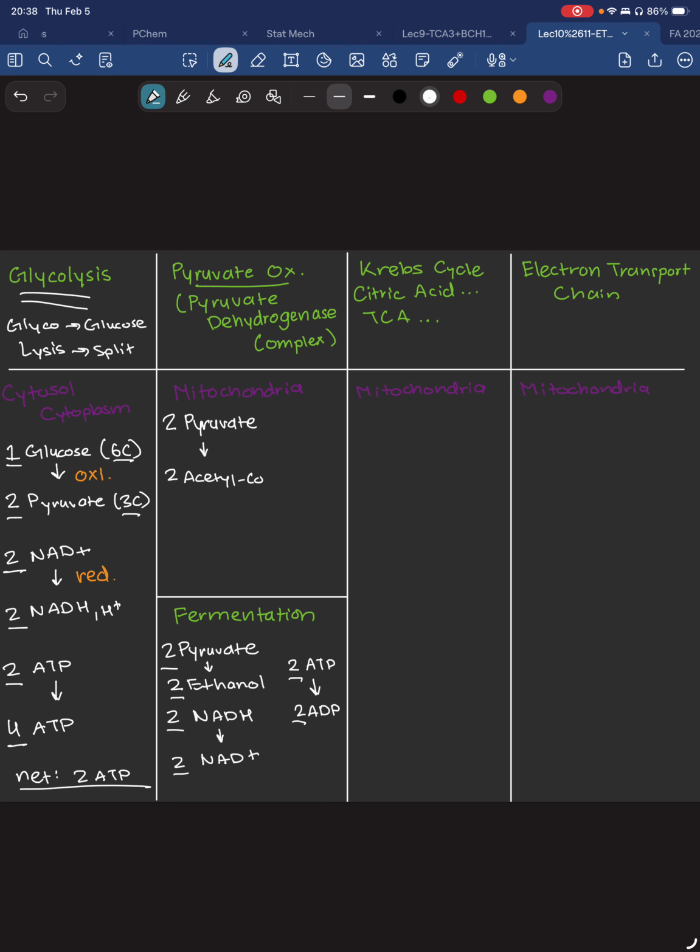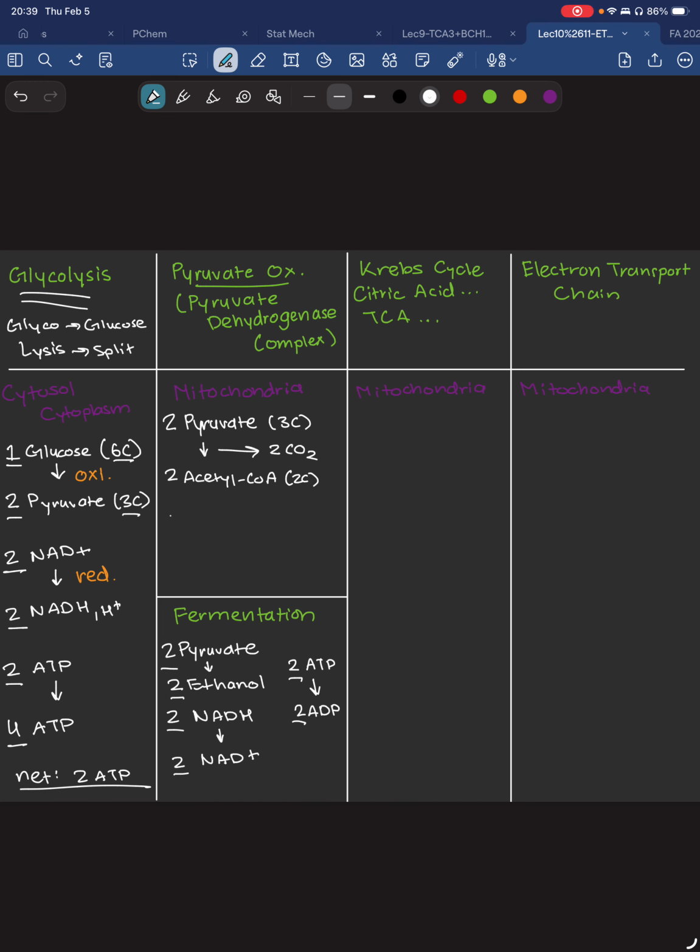Now, acetyl-CoA is a 2-carbon molecule, but pyruvate is a 3-carbon molecule. We've gone from 6 total carbons to 4 total carbons. We've lost 2 carbons on the way. The way this happens is CO2 leaves the body. And this is part of where you exhale. You exhale CO2. This is one of the places that happens, right?